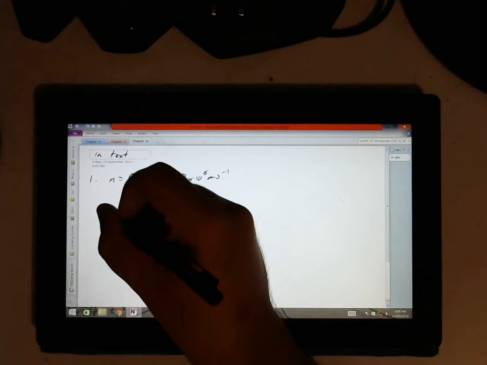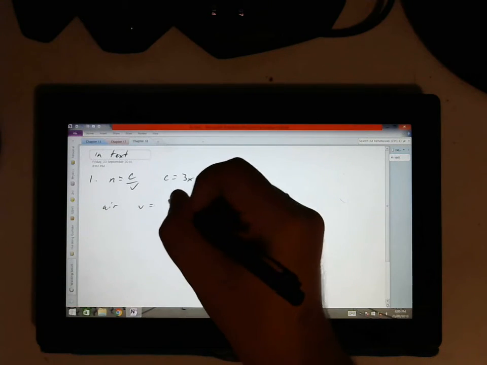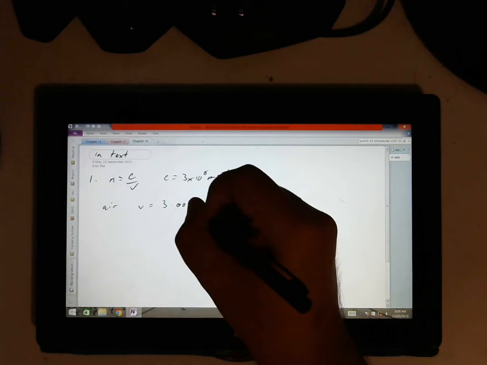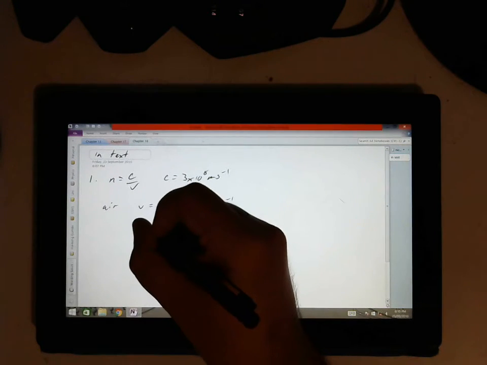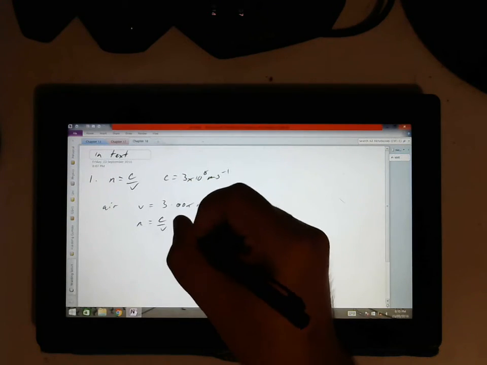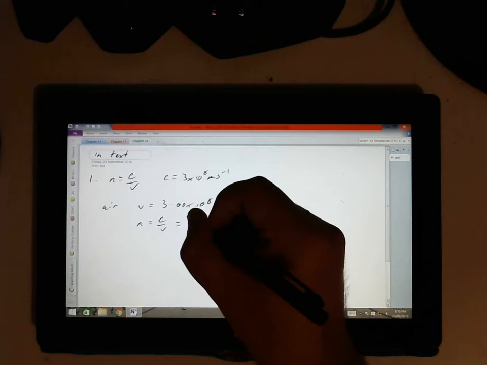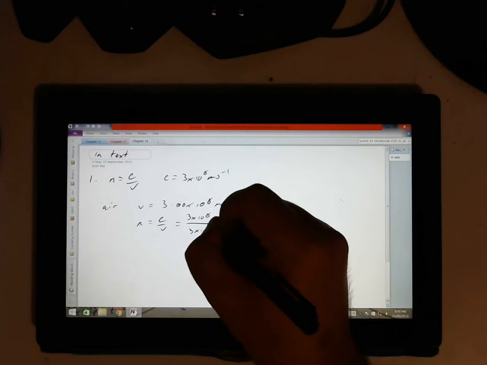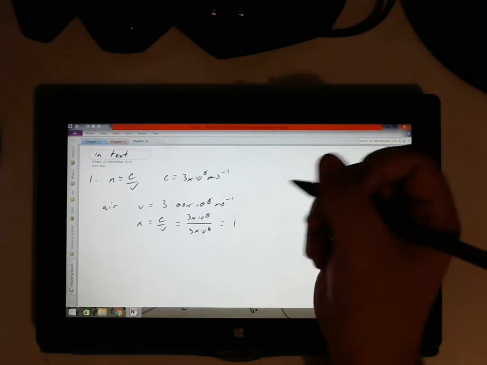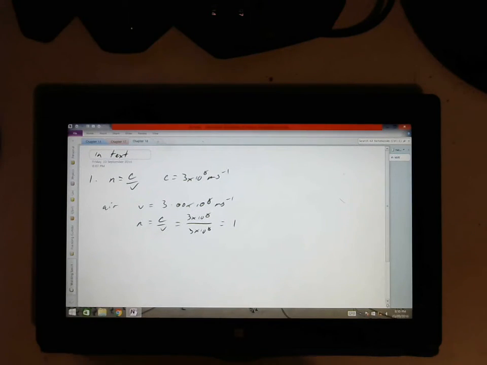Let's do air first. v equals 3.00 times 10 to the 8. n equals c over v equals 3 times 10 to the 8 divided by 3 times 10 to the 8. Well, that's going to be the same, equals 1. And if we have a look at the table there, we see that the refractive index for air is 1. Okay, let's pick a couple of others.